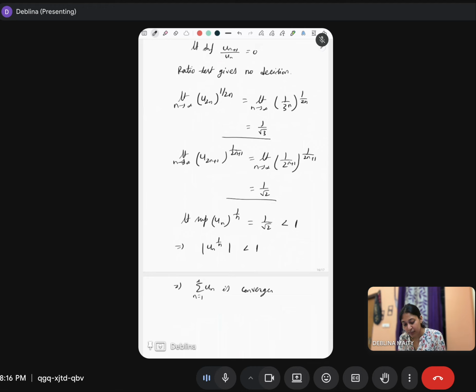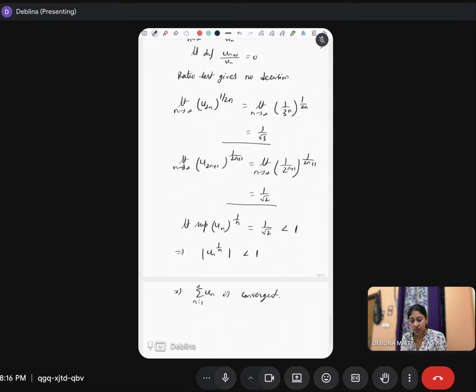Since the limit supremum is 1 by root 2, which is less than 1, it is also absolutely convergent, right?